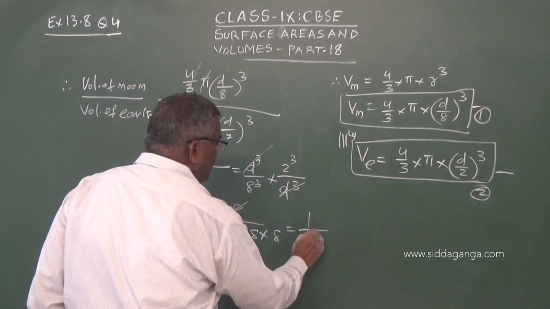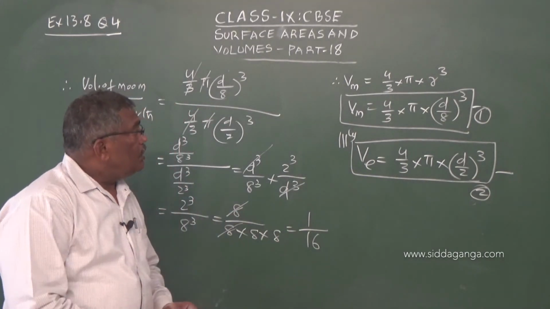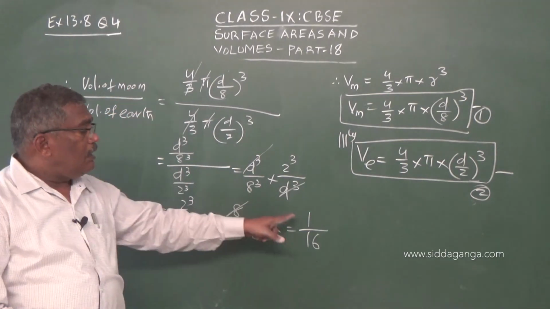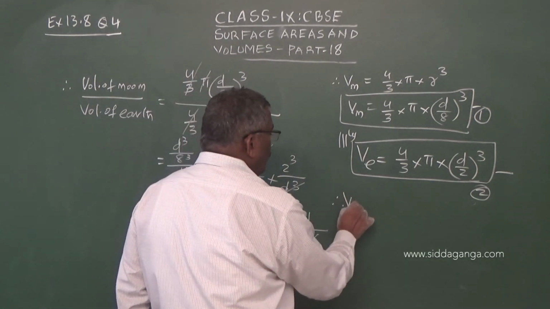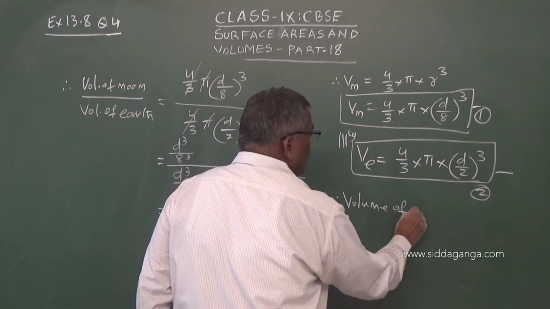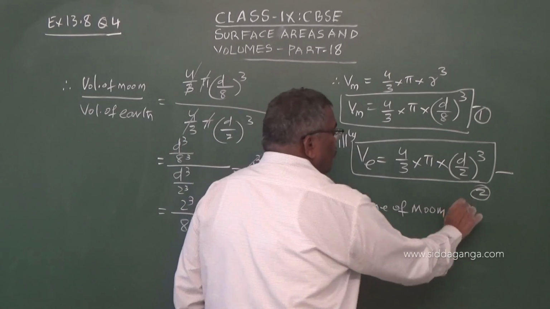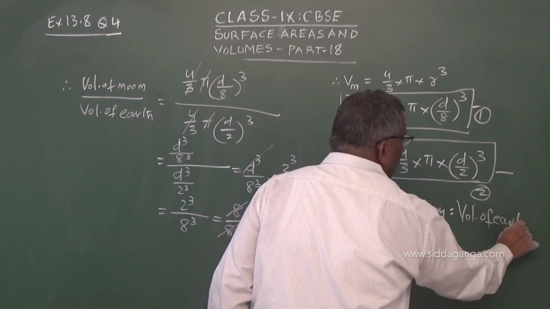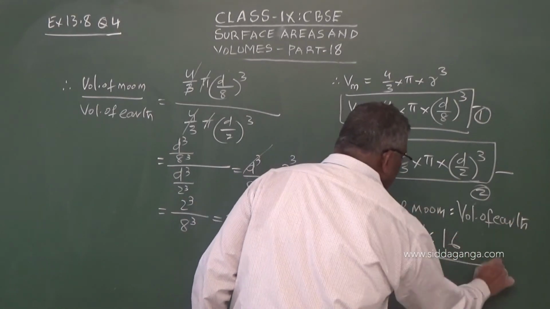This is 1 by 64. Therefore the volume of moon and volume of earth are in the ratio 1:16. Therefore volume of moon is to volume of earth equals 1:16. This is the answer.